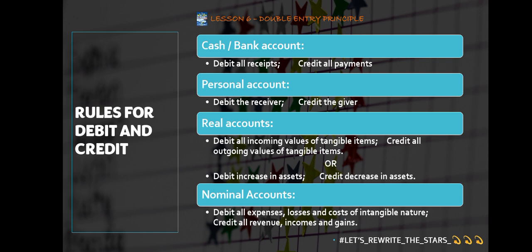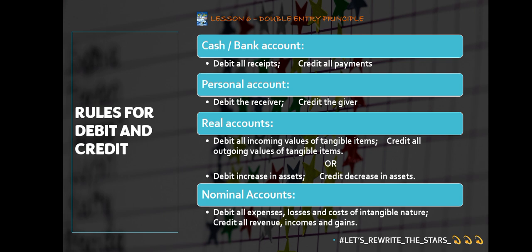We will debit all expenses, all losses, and costs of intangible nature. Anything that will cost our business, whether an expense, a loss, or a cost, anything on the negative side to the business, is going to be debited.